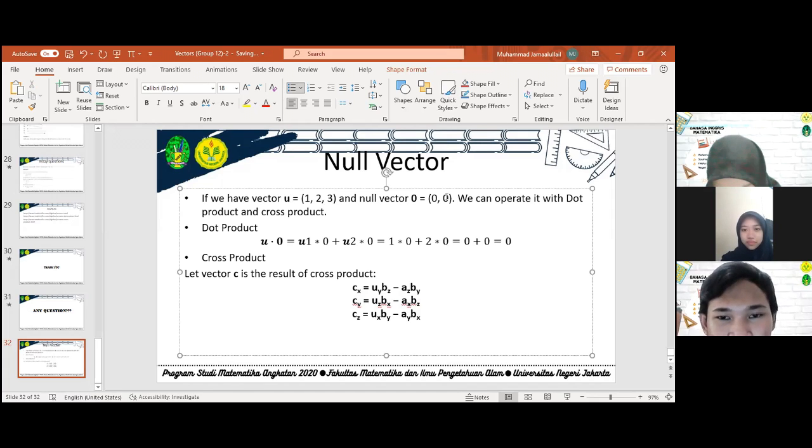So vector u is in 3 dimensions and the zero vector or null vector is in 3 dimensions.